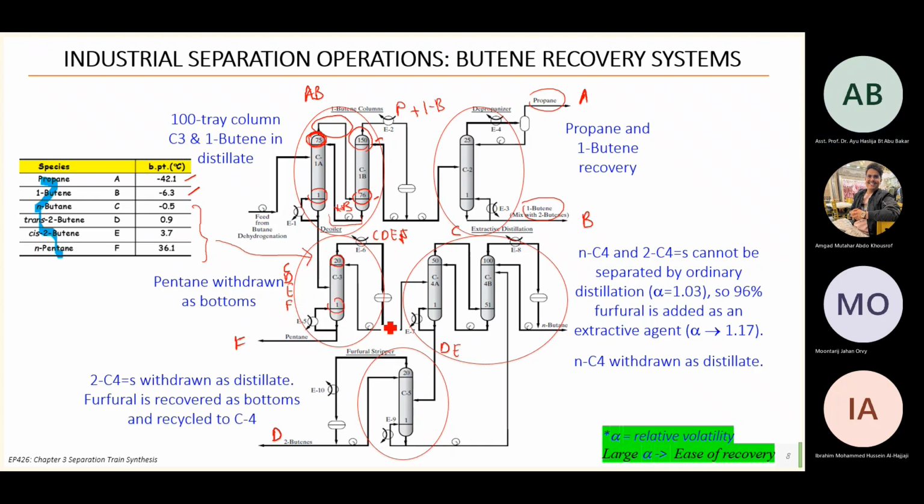The impurities will go back to here. CDE here might still consist of F as impurities, so it will be recycled back to the column. This one, perhaps the remaining F goes back to here, to completely remove the F.